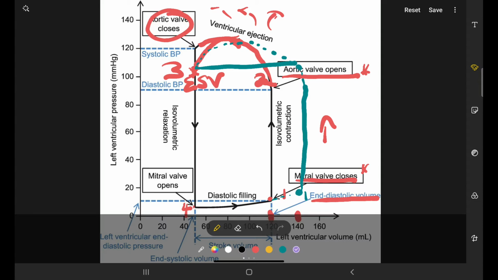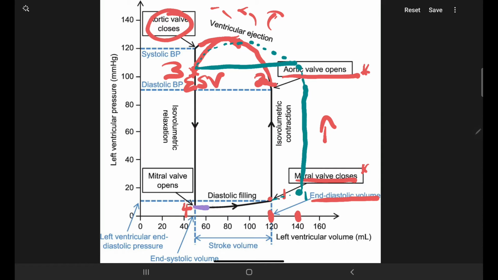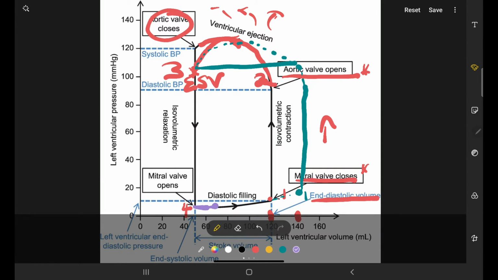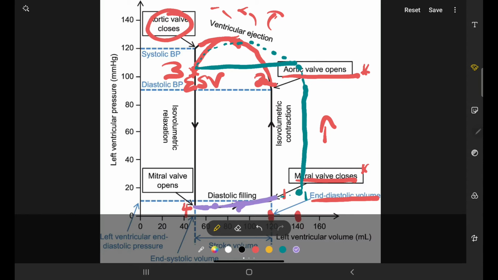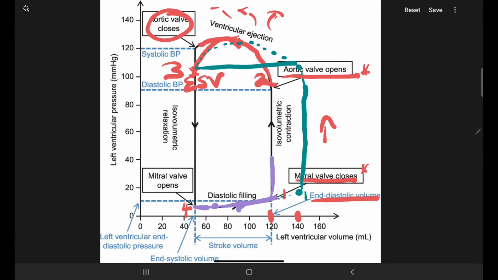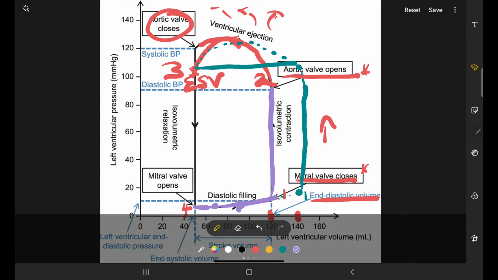So if we're going to increase end systolic volume, it means we're going to move a little bit to the side, so it can maybe be at 70. Okay, and we are saying in this case that stroke volume has decreased. So we will maintain where we were in terms of end diastolic volume, so it will move this way, and then the isovolumetric contraction will be the same.